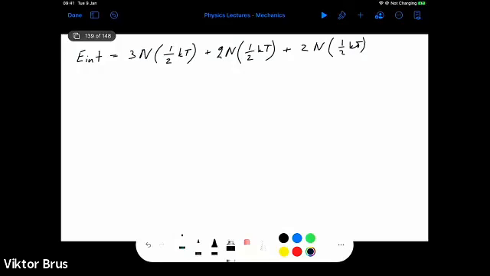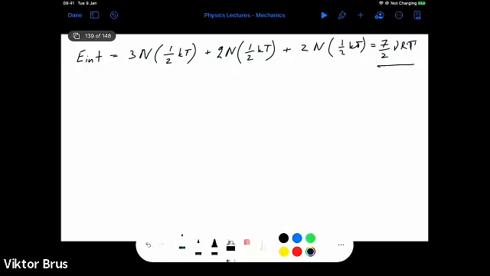And in total, taking into account this relationship with nu and R, we can write 7/2 nu RT. So it's already getting higher and higher.